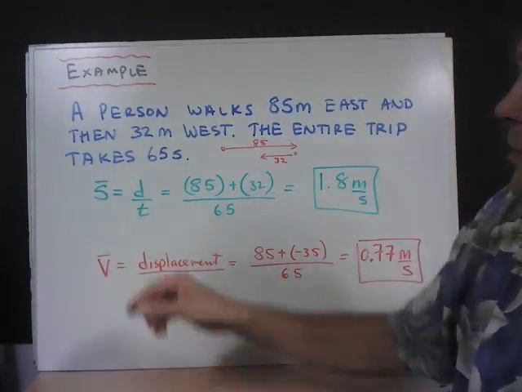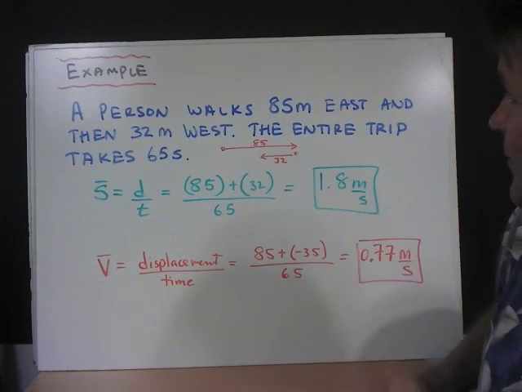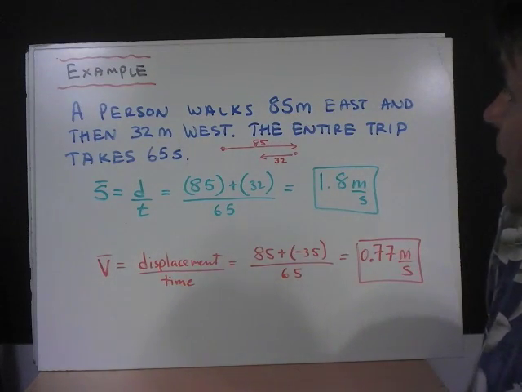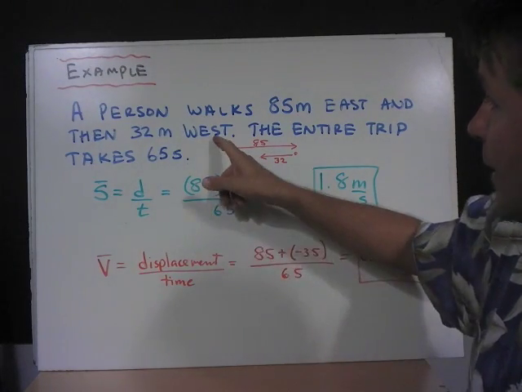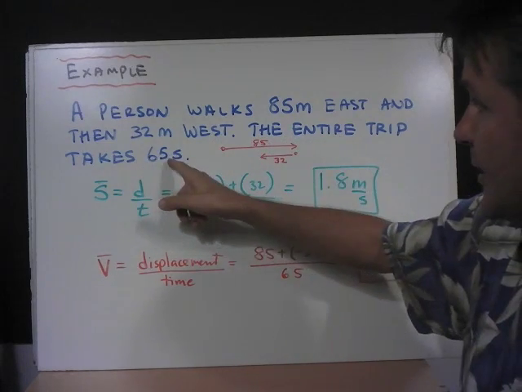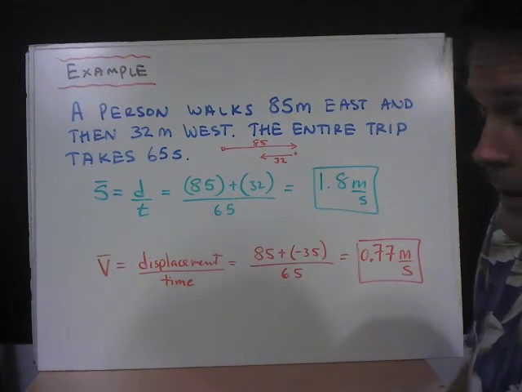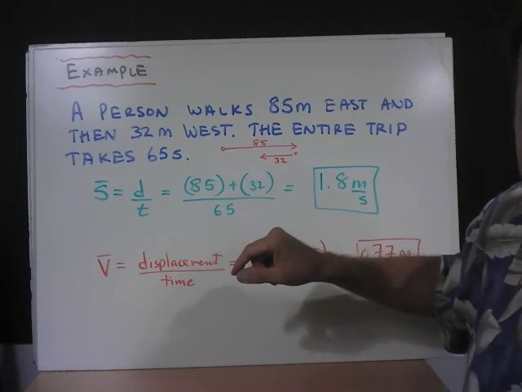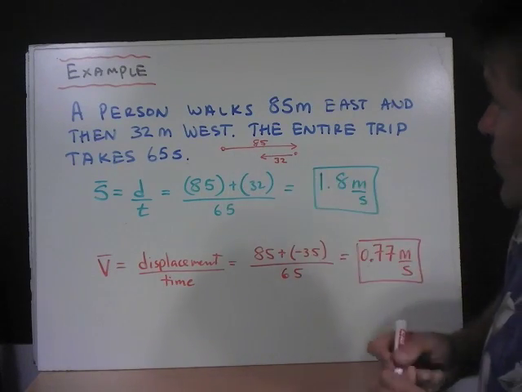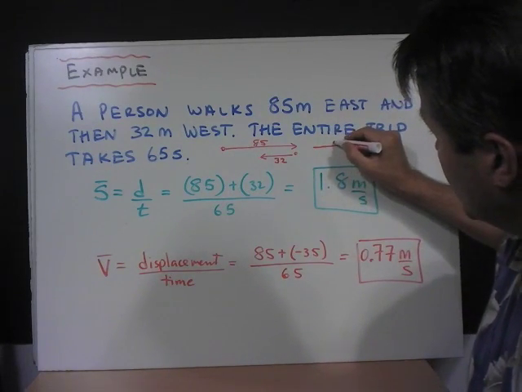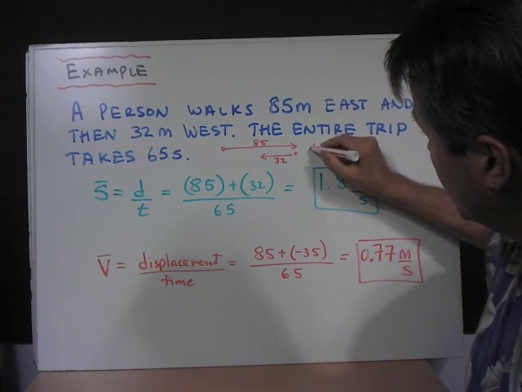So here's an example. A person walks 85 meters east and then 32 meters west, and the entire trip takes 65 seconds. So I have this drawn such that to the right we're going east. I'm going to add directions here. It's always important.